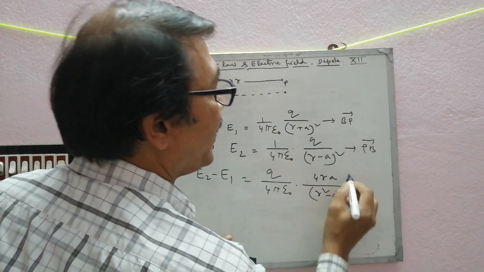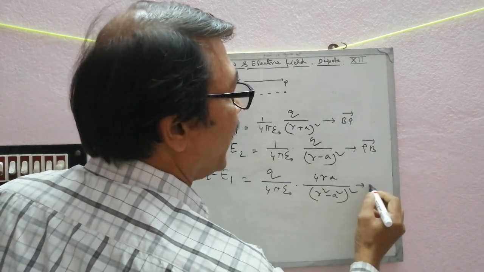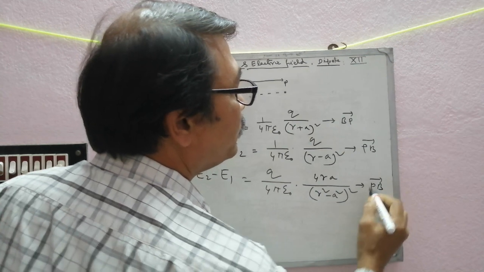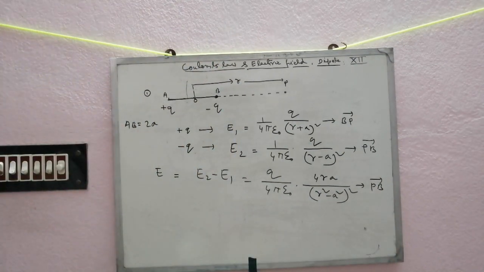Final direction is PB, because E2 is greater than E1.